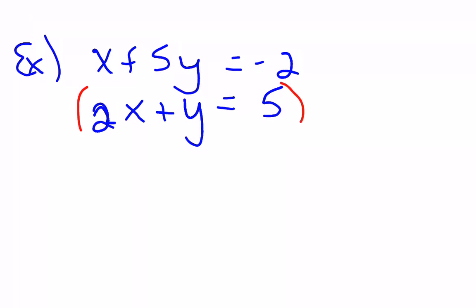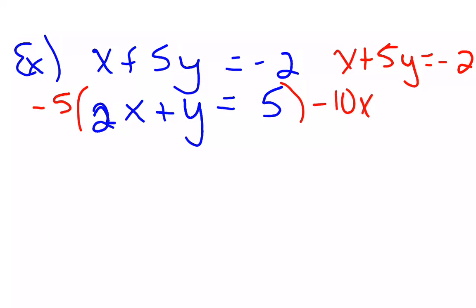So let's multiply the second one by a -5. So the top one, we get x plus 5y equals -2. Nothing happened to it. The second one now becomes -10x minus 5y equals -25.